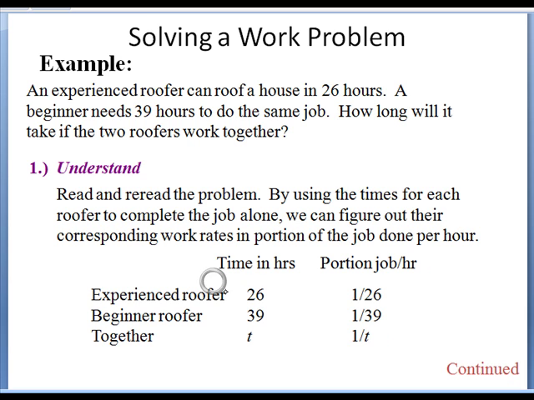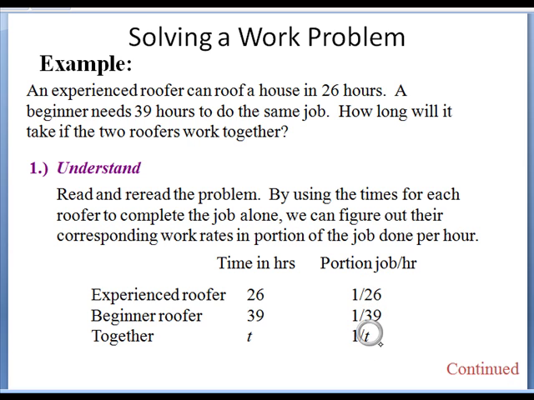So I set up a table. We have the name for each: experienced, beginner, and then together. These are the times, the time in hours, for each of them. And for together, we don't know yet, so we can call it t, a variable. And this column says how much of the job each of them can do in 1 hour.